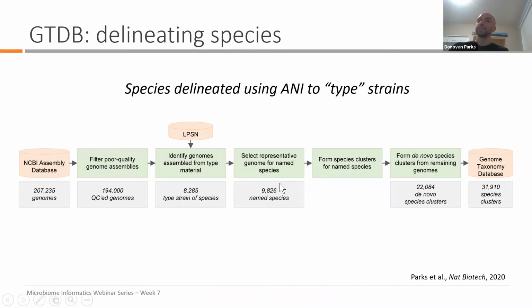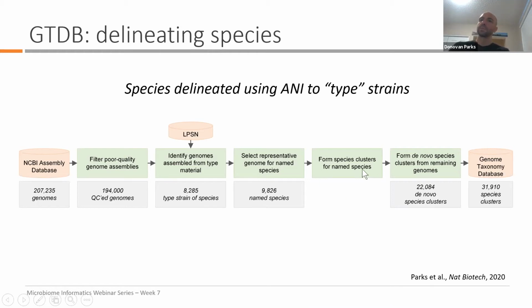There is then some subset of genomes that have recognized species names, but where the type strain of the species hasn't been sequenced yet. So we have a set of rules that allow us to select a representative for those species, which effectively acts as the type strain until the actual type strain is sequenced.